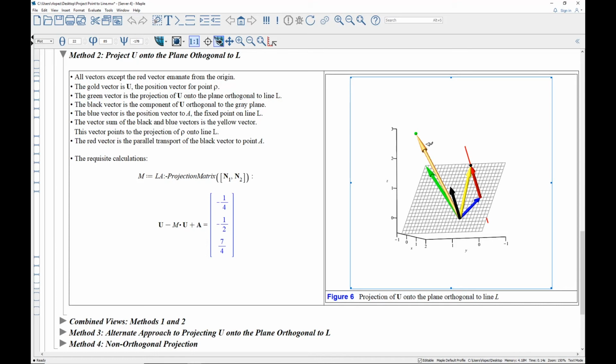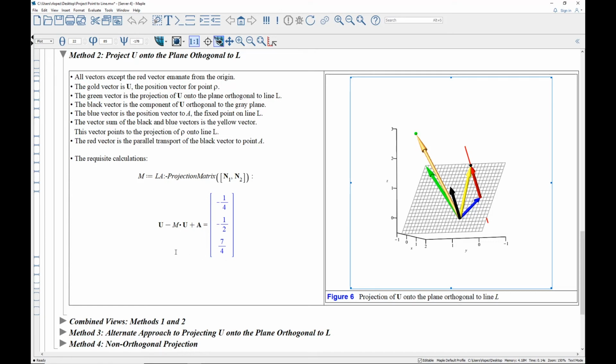The green vector is the projection of the goal vector down onto that plane. The orthogonal component is this black vector, and then by vector addition, we add the black vector and the blue vector, which is the same position vector to the point A. That gives us the yellow vector. Tip of the yellow vector has the correct components, which are the coordinates of the point of the projection.